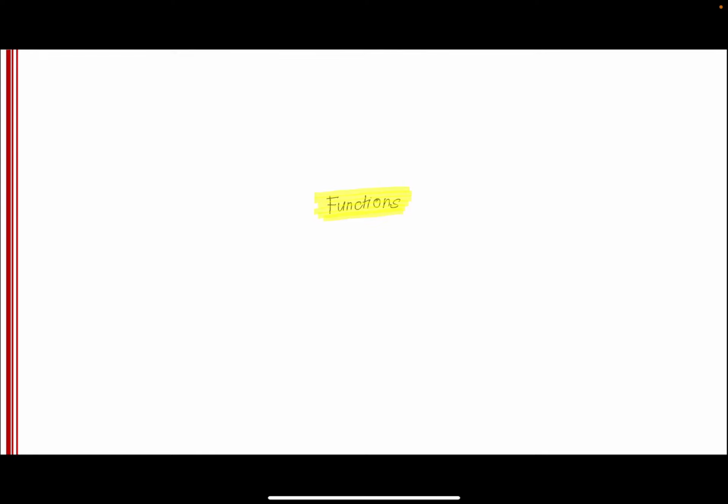In your high school and pre-university, you must have learned about functions including exponential function, logarithmic function, and also trigonometric function.